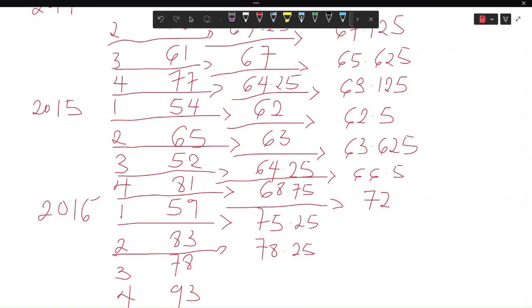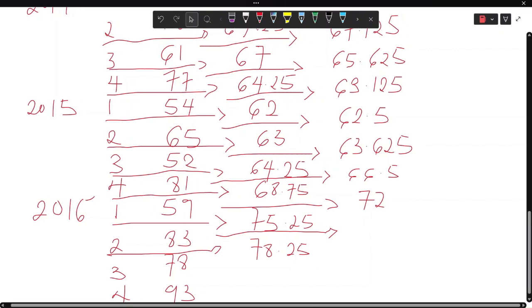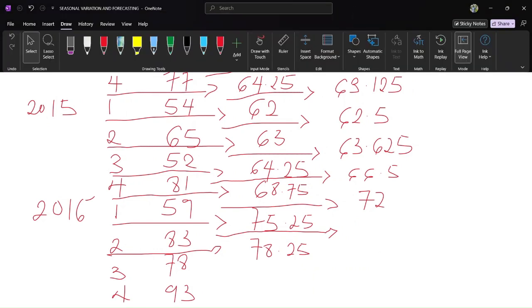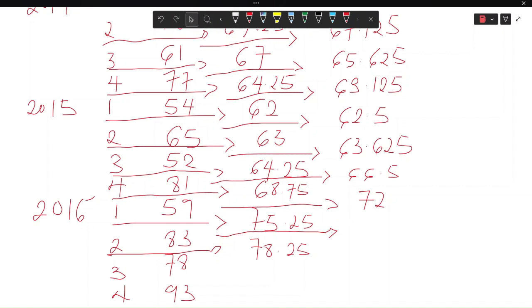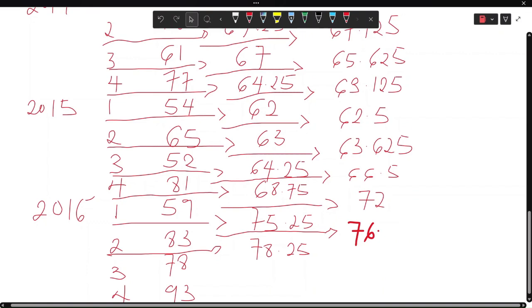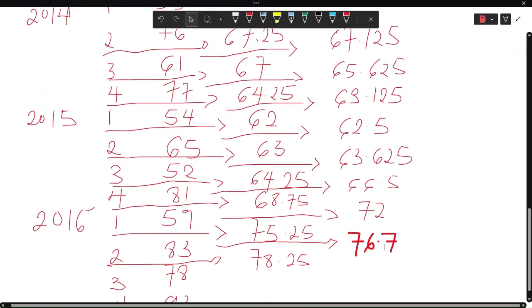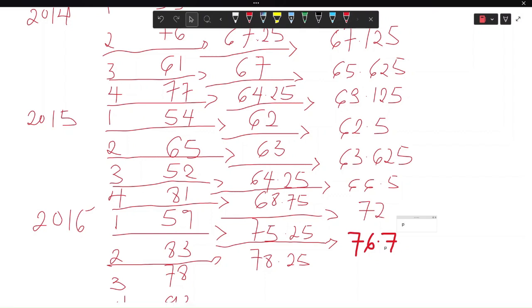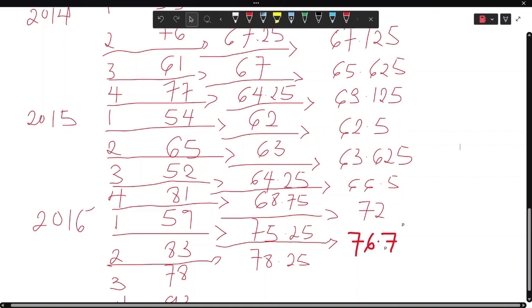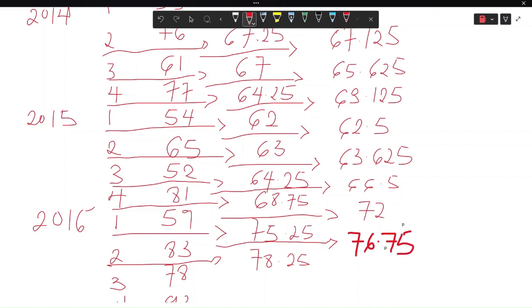Then lastly, we have 75.25 plus 78.25 divided by 2, 76.75.